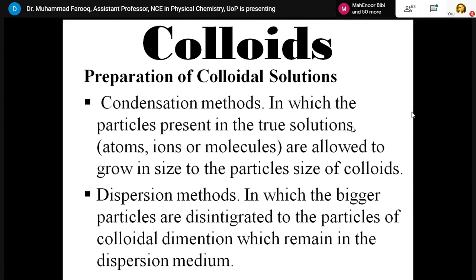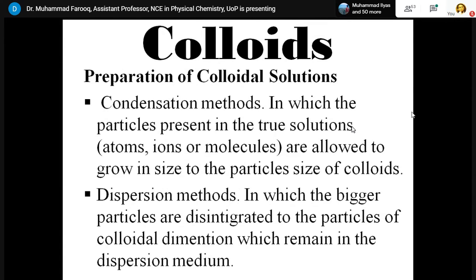Condensation means the particles get together. We also call it seeding, another word used in chemistry. For example, in a true solution there is one atom, but if we condense them, these atoms get together and make a larger molecule.